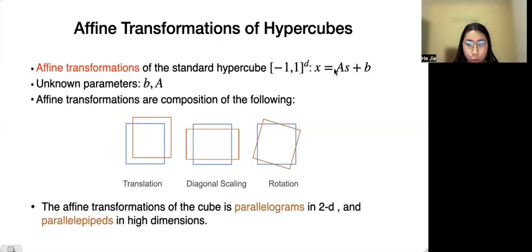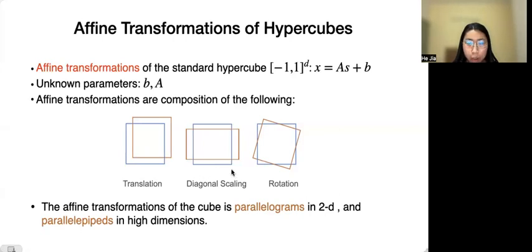And our goal is to learn this capital A and b. Those are the unknown parameters of these affine transformations. So in geometry, the affine transformations are a composition of the following. The first type, the translation. We can translate or shift the standard hypercube by some distance in any direction.